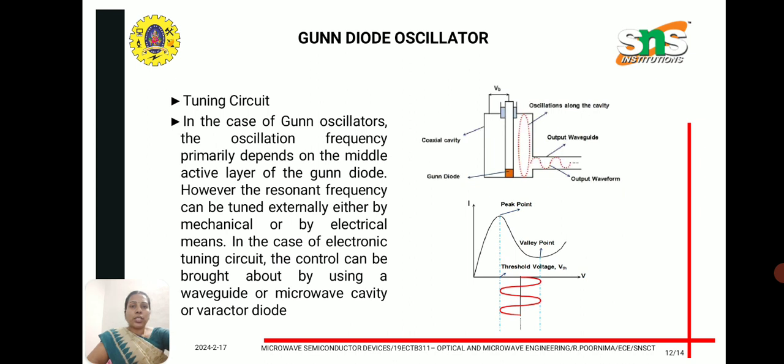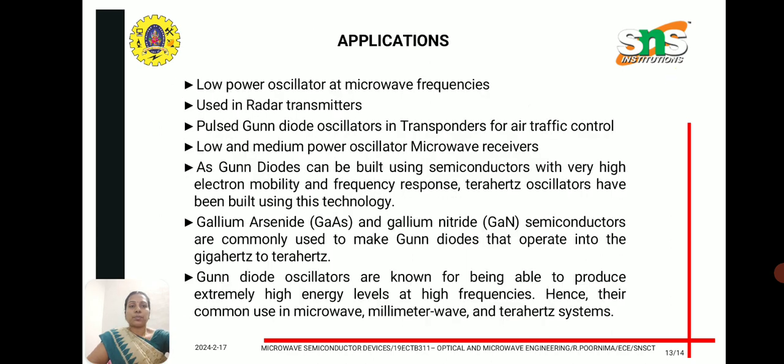In the tuning circuit, the oscillation frequency depends on the active layer of the Gunn diode. It can also be tuned externally, mechanically or electrically. In the case of an electronically tuned circuit, control can be achieved using a waveguide, microwave cavity or varactor diode. This is used to produce AC current oscillations at a particular frequency.